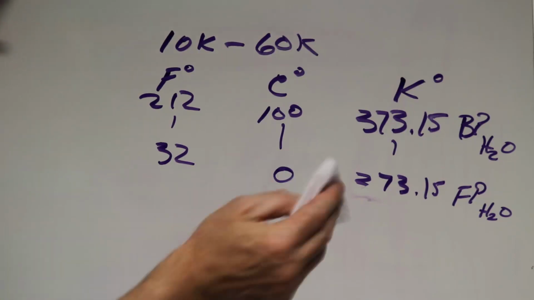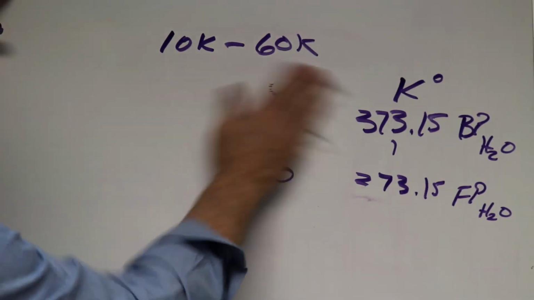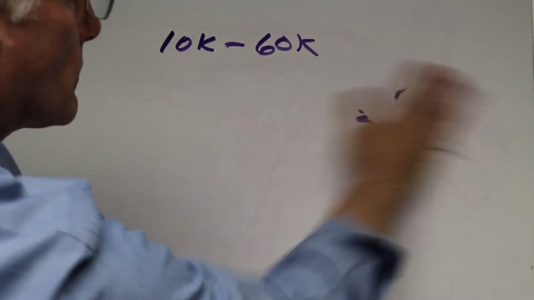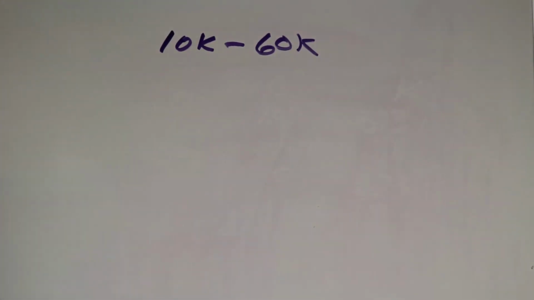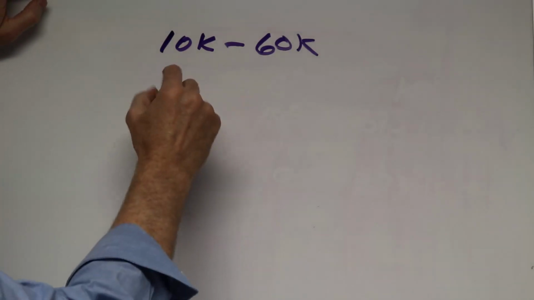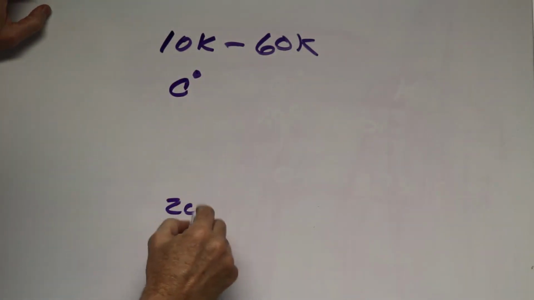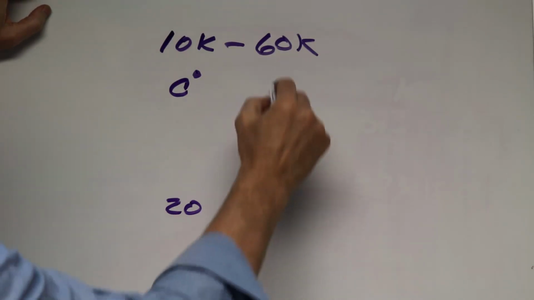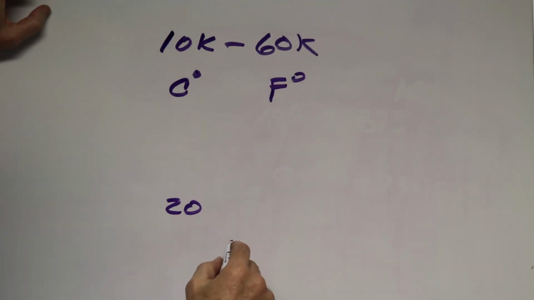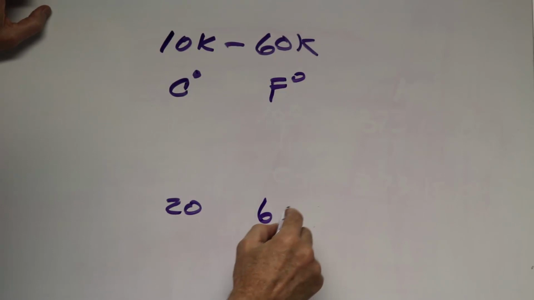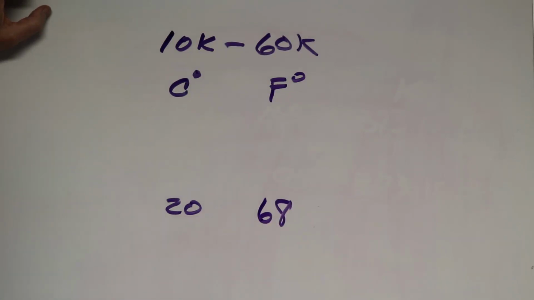Okay, so with that in mind, let's come back here and let's say that on the Celsius scale, 20 degrees is 68 degrees Fahrenheit.